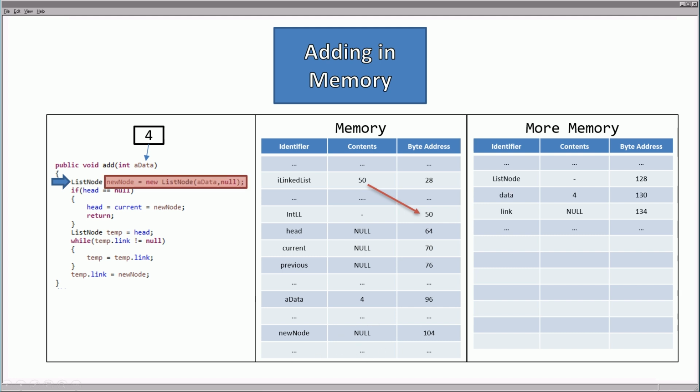After that, we construct the new instance using the reserved word new, which would create an instance of this list node, and for argument's sake, let's say it was at byte address 128. And then what is stored inside of this new node is simply the memory address right here. So you can think of this as this new node points to the contents of this new node, which has the data 4 that's been set here, and its link set to null.